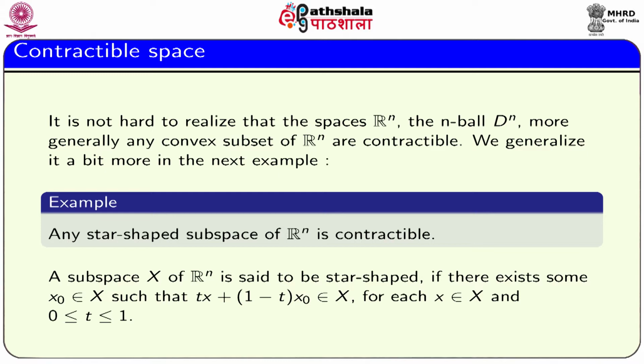So, obviously, any convex subset of R^n is star-shaped, and therefore, all these examples that R^n, D^n or any convex subset of R^n are contractible follows as a special case to this example.